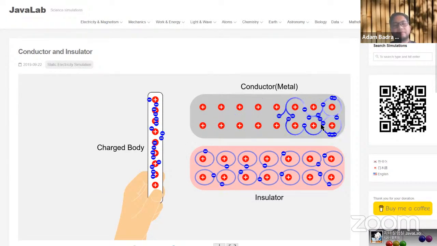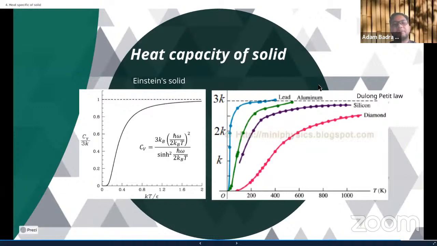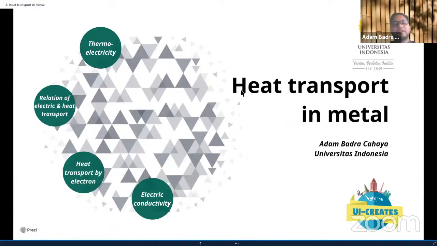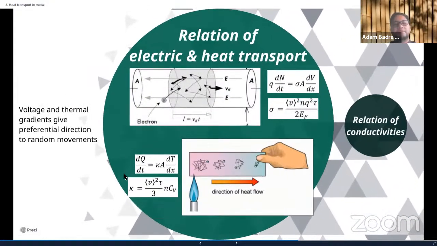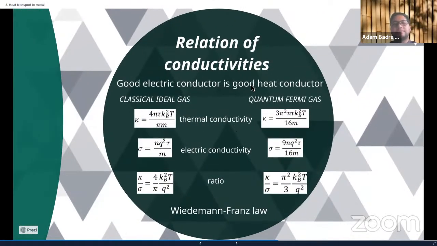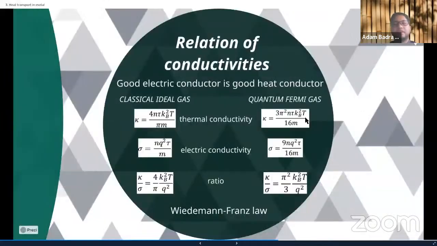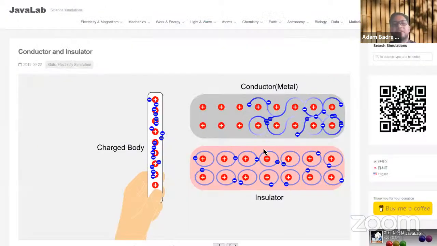So now, if we want to understand what's different between red and blue, that comes from the heat capacity of the transport. The heat capacity of the electron must also be considered, as it also contributes to the heat transport of a conductor.